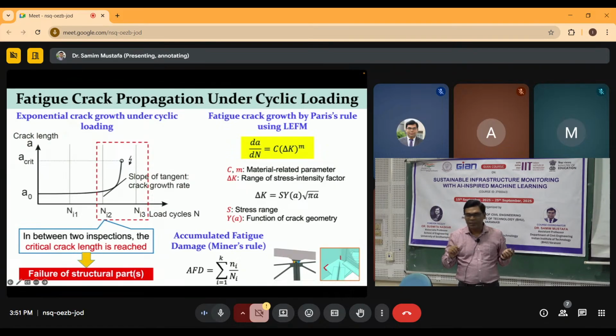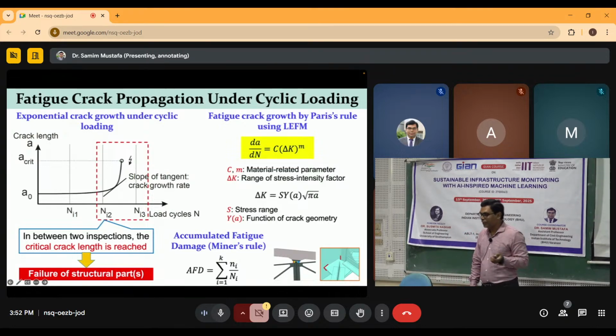What is small ni? It is the number of stress cycles that the member has already experienced, divided by the number of stress cycles that the member has been designed for. So that will give you the accumulated fatigue damage. From this you can evaluate the residual life, okay, and then you can implement a proper maintenance system.